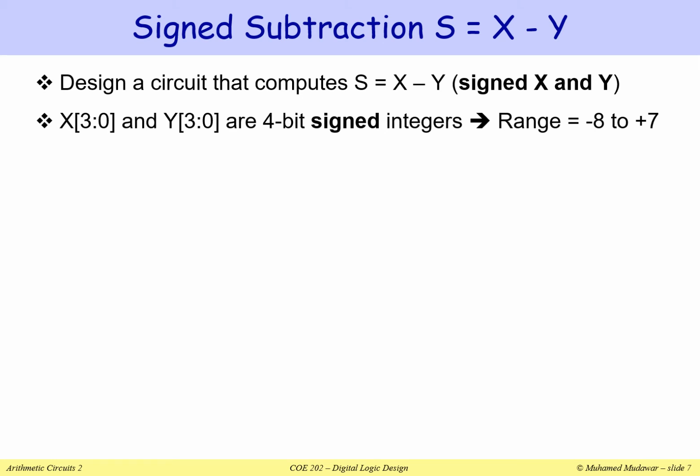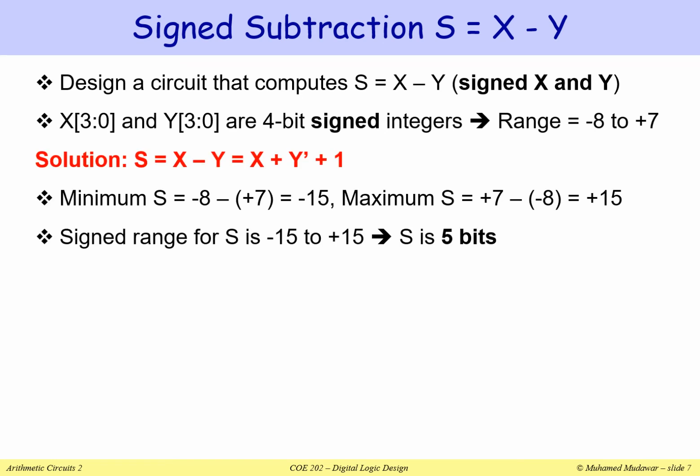So what is the minimum s and what's the maximum s? The minimum s will be -8 for x and +7 for y. So -8 minus +7 will give me -15. And the maximum will be +7 minus -8, which will give me +15.